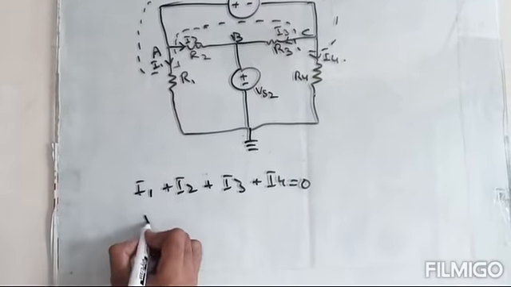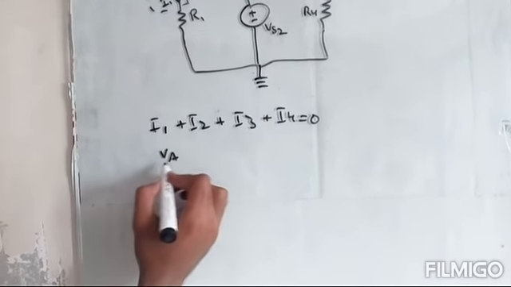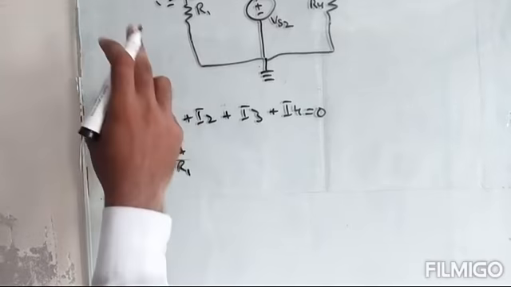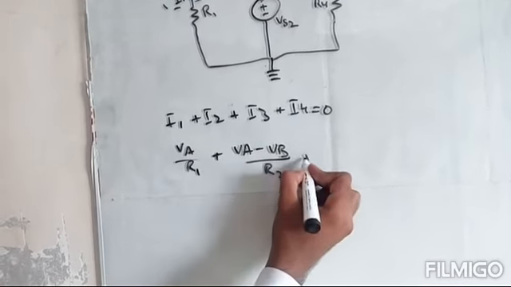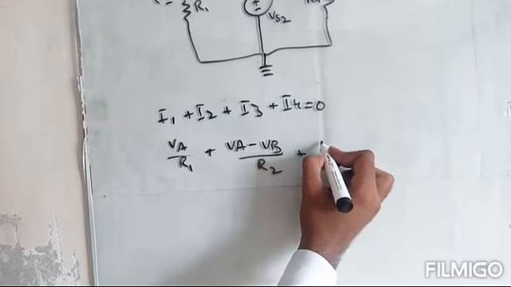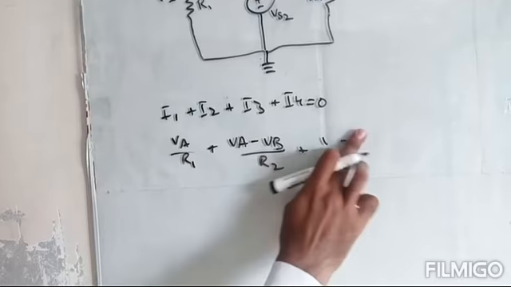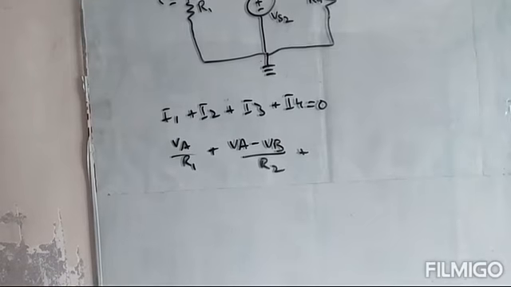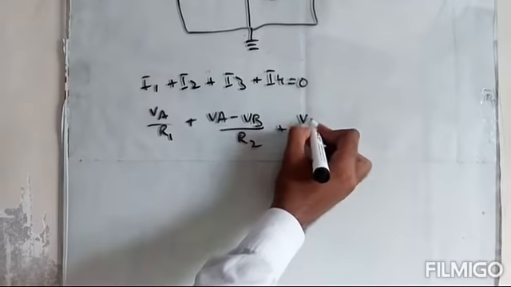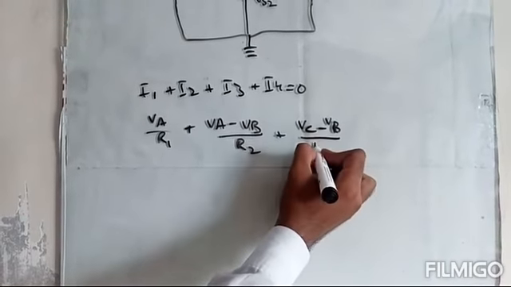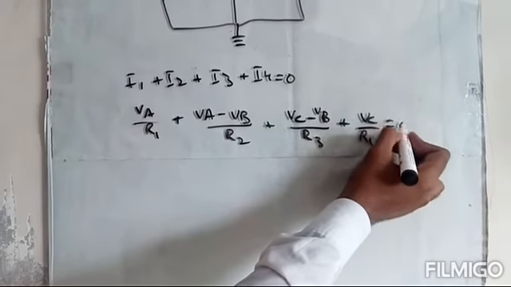I1 will be equal to VA, voltage at node A, minus 0 divided by R1. I2 is equal to VA minus VB divided by R2, I3 is equal to VC minus VB divided by R3, and I4 is equal to VC divided by R4, and the sum is equal to 0.